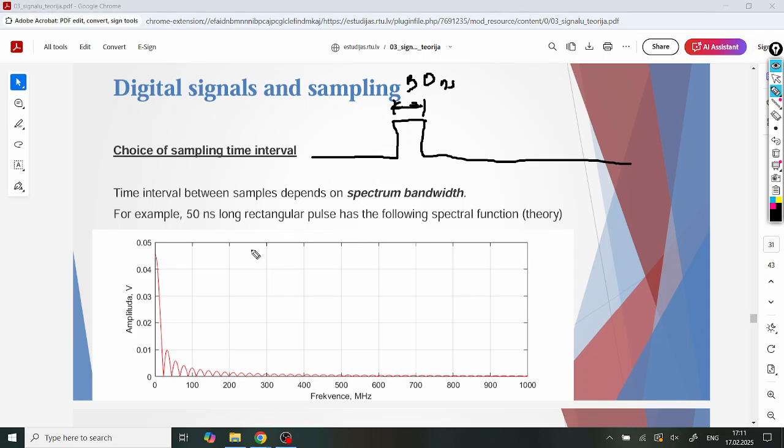During the last lecture, I explained to you that we can actually consider this rectangular pulse shape, a single pulse, as the extreme case of a periodical signal when you have a period lasting for infinity.